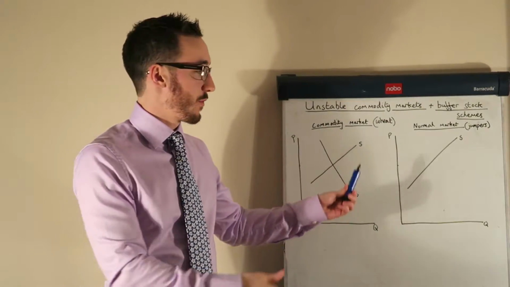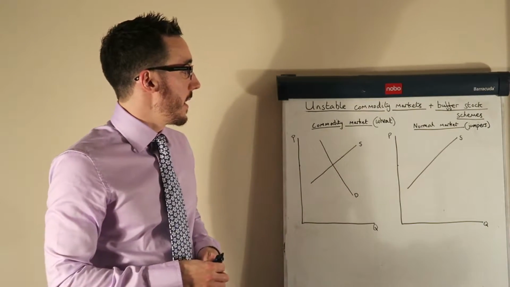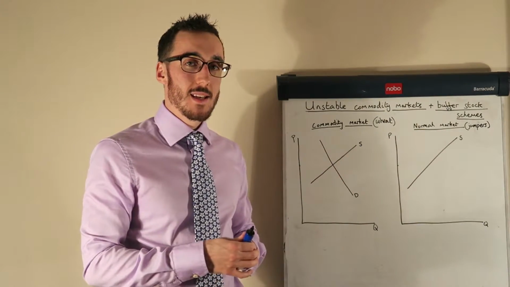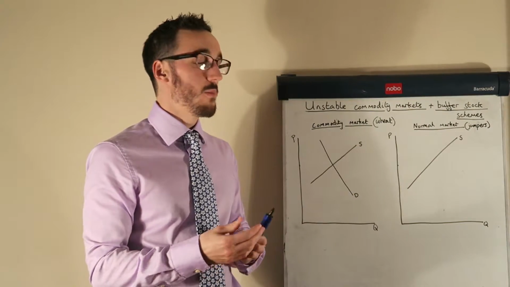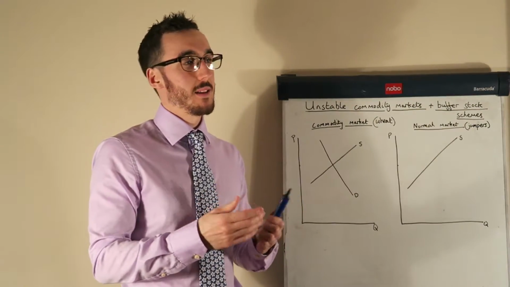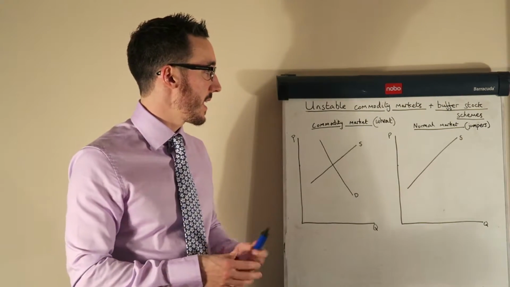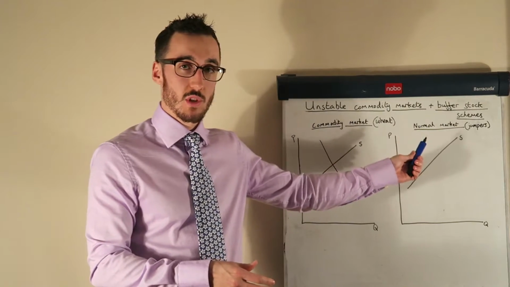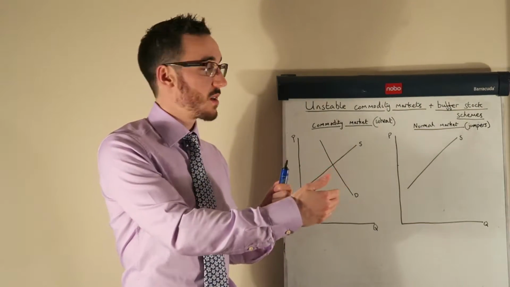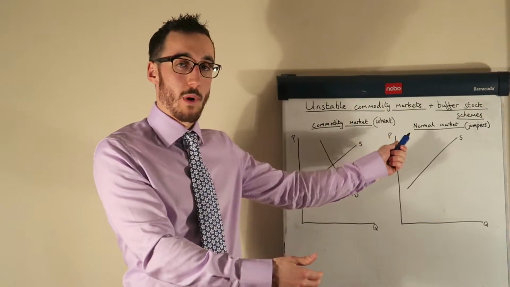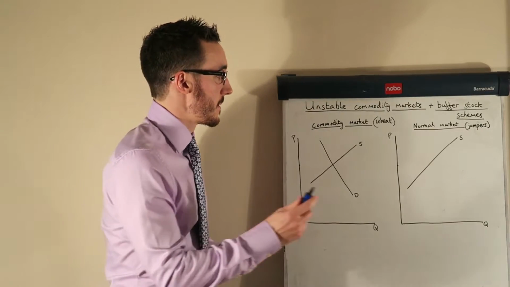So how do they differ then from a normal market, the markets we usually look at in economics? Well, if there was an increase in the price of jumpers, let's say, you might assume that people would say, well, okay, there's an increase in the price of jumpers, I might just go and buy a jacket. There's quite obvious substitutes in normal markets, and if there was a large increase in price of goods in the normal market, then we would probably stop purchasing those goods.